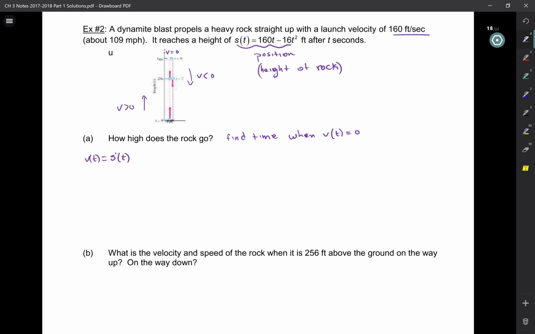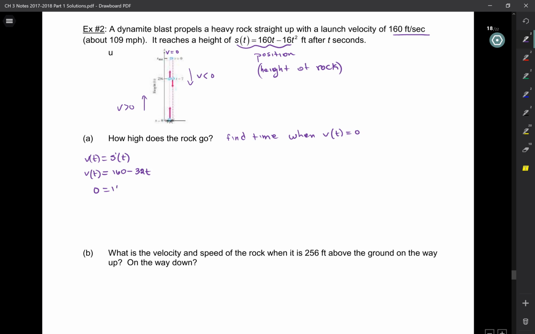Okay? So, what is v of t then? 160 minus 32t, says Lauren. What do we think? I agree too. Okay? So now, we want to know the time when the velocity was equal to 0.